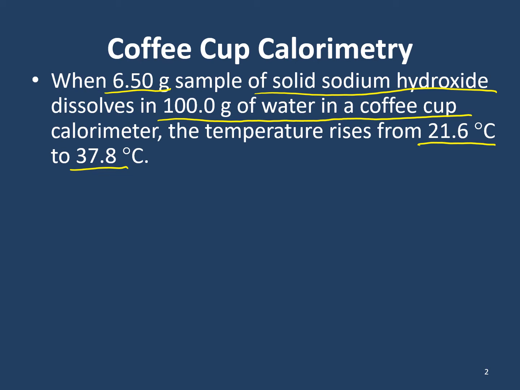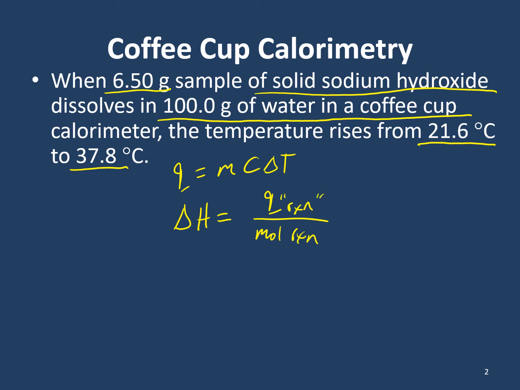Now, in this problem, we're going to use q = mcΔT. We're also going to utilize the fact that delta H is pretty much equal to q of our reaction over moles of the reaction. I'm going to put reaction in quotes here because we actually don't technically have a reaction going on.